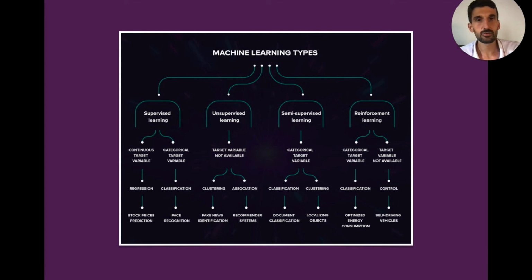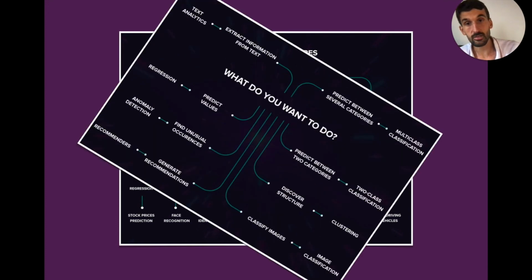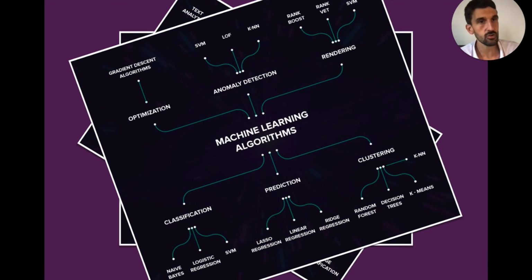The same happens if you try to follow courses. You will find a lot of hierarchies, a lot of organization, a lot of algorithms, a lot of taxonomy, a lot of possibilities, and at first it can be a little bit overwhelming, as I said.